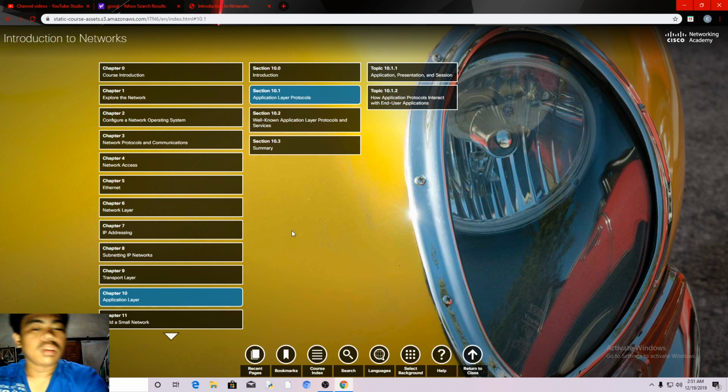Then the network population was also changing in character. Also the applications and the intranet were getting more sophisticated and creating a need for general purpose name services.